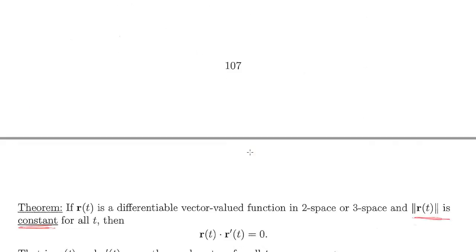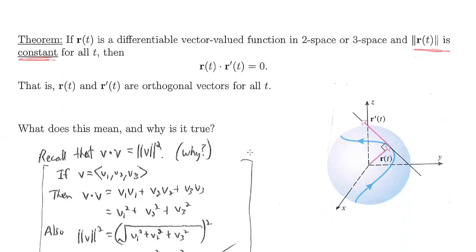Okay, we have one more thing to do in this section. This is a theorem, and this theorem is going to be important for something a little bit later. But I want to make sure you really understand what this theorem is saying, and don't over-interpret it to say something it's not saying.